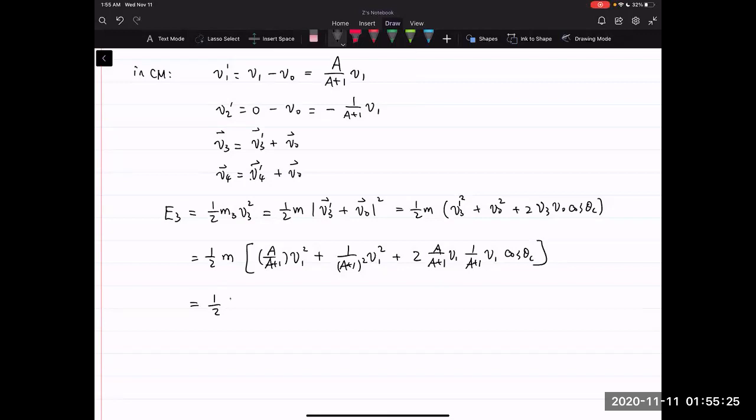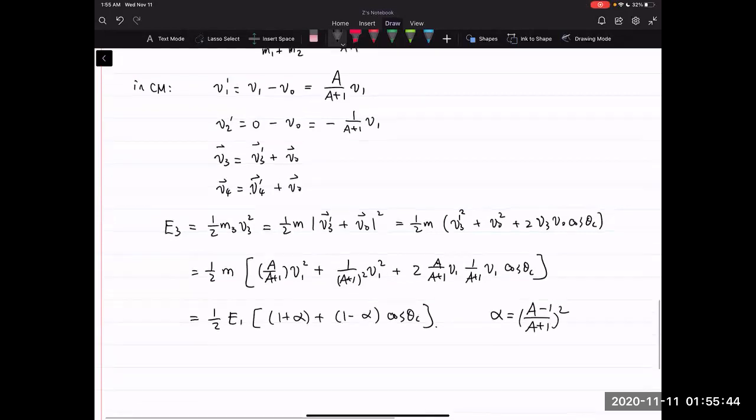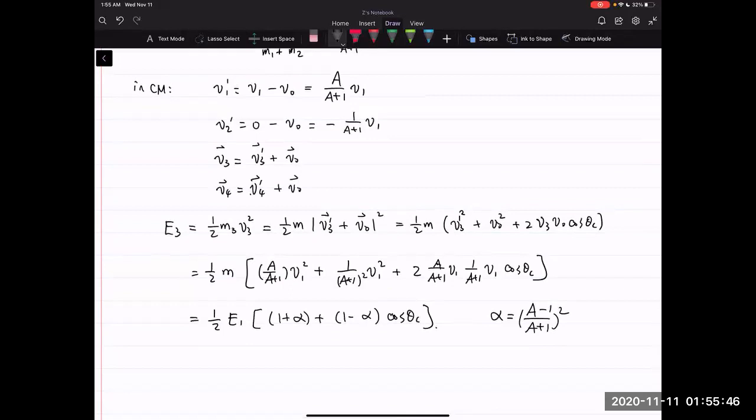So this is 1/2 E1 times 1 plus alpha plus 1 minus alpha cosine theta c. What is alpha? Alpha is A minus 1 over A plus 1, squared. Okay, so let's write down E3 here and add a box.